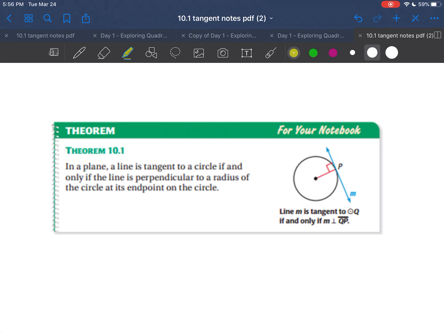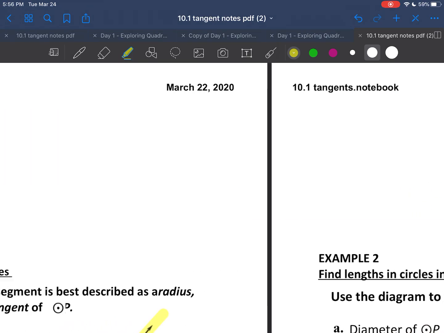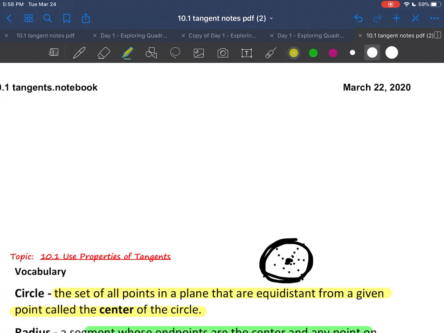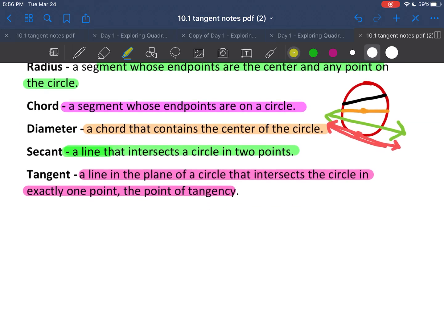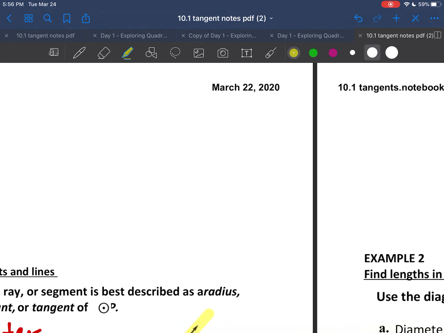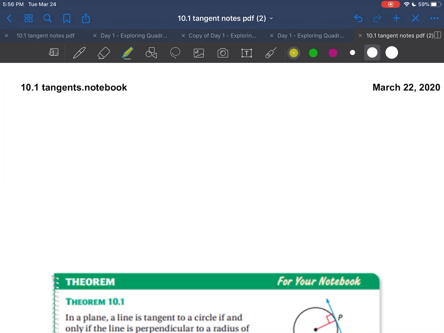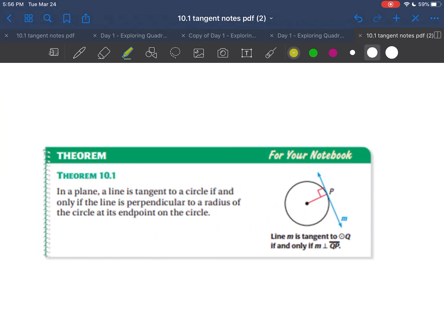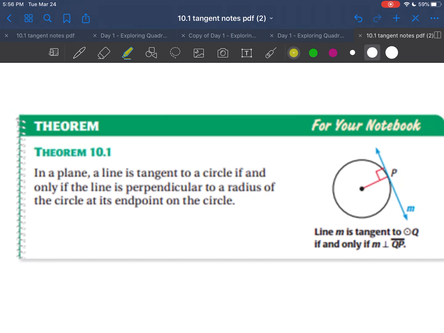In order for a line to be considered tangent, we defined earlier that a tangent touches a circle at only one point, okay? So in order to determine if a line is truly tangent, does it truly touch in one point, the following criteria apply.